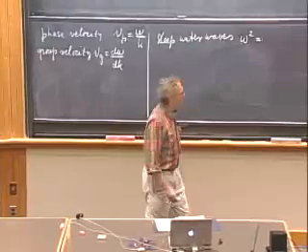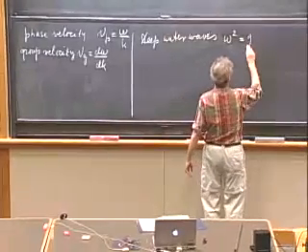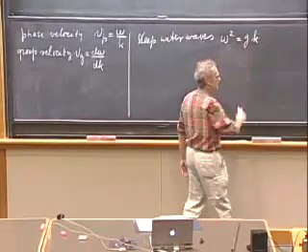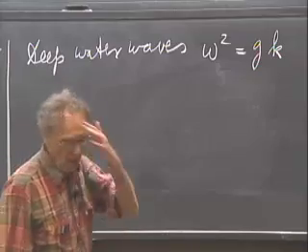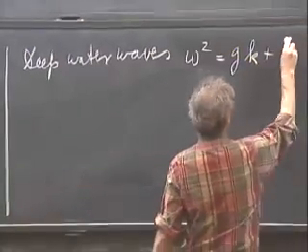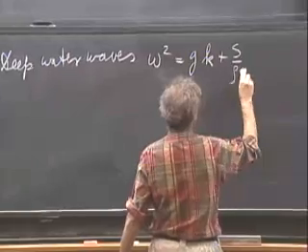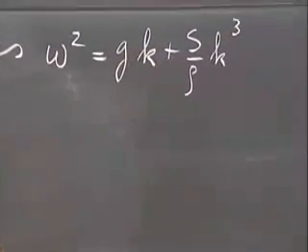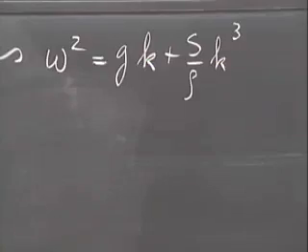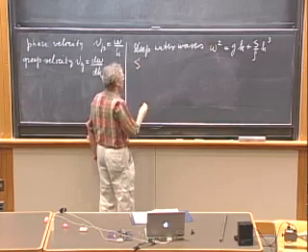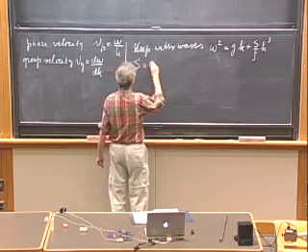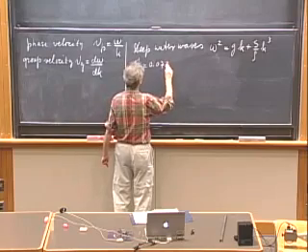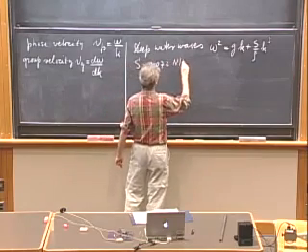omega squared equals gk, g is just the gravitational acceleration, plus s divided by rho times k to the power 3, and s is the surface tension, which is for water about 0.072 newtons per meter.